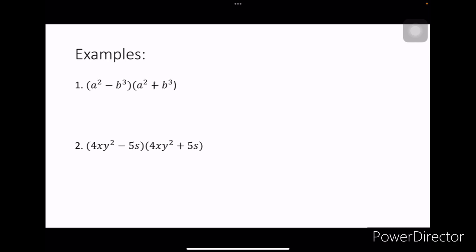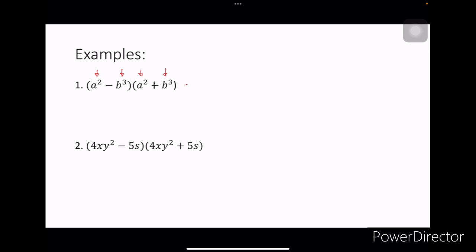As you can see, our first term is a squared for the first factor, and you still have a squared for the second factor. Then you have b cubed for the first factor, and b cubed again for the second factor. The only difference of these two is the operation, which is negative and positive. So therefore, it falls under the product of the sum and difference of two expressions.